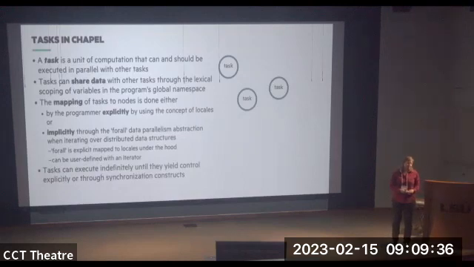So that tasks share data through the lexical scoping. Is there anything to help programmers avoid race conditions on shared data between tasks? That is an excellent question. So the question, I'm just going to repeat it for the stream, is: is there anything to help programmers avoid race conditions? And there's some. So there's atomic and sync variables, but you do have to manage that.